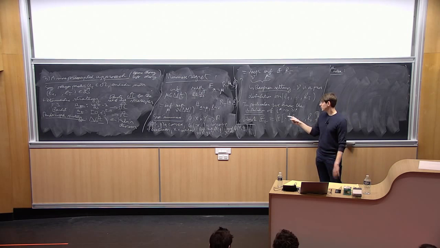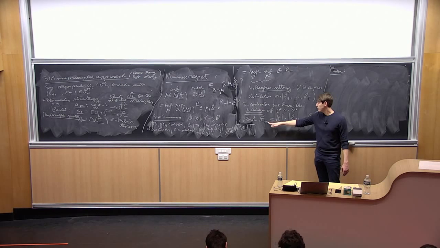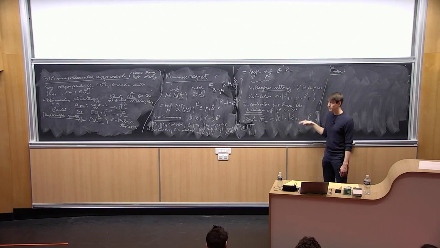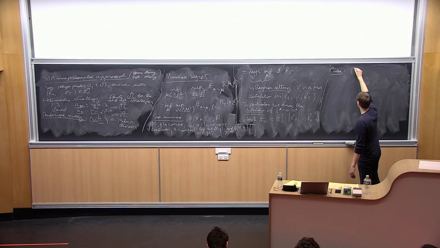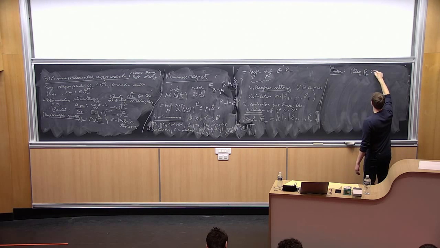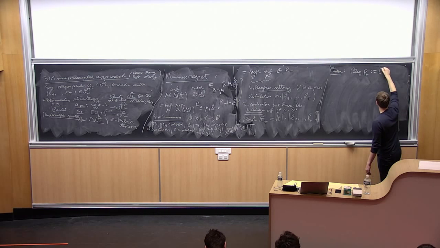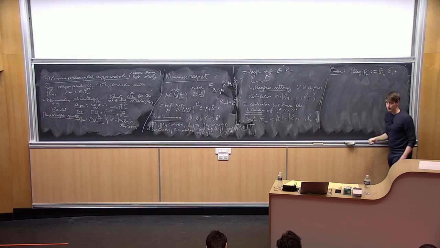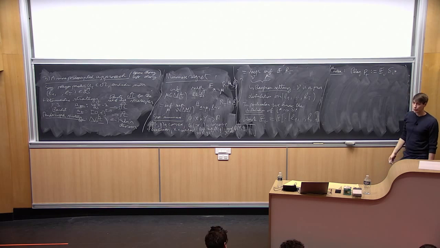By convexity of the simplex, it's pretty natural to play the expectation of this guy. So the idea: play P_t, which is the expectation sub t of delta I star. I think of it as a natural, geometric way to combine the information.